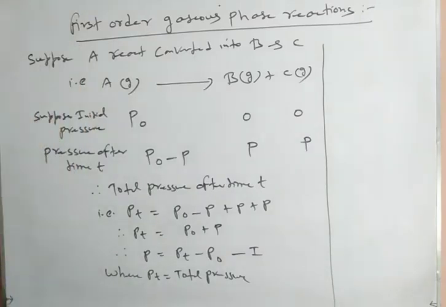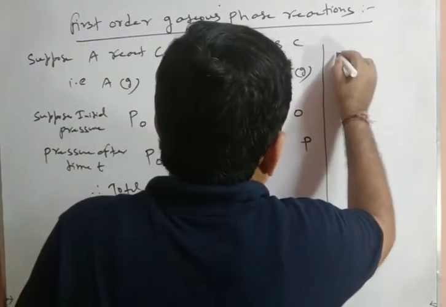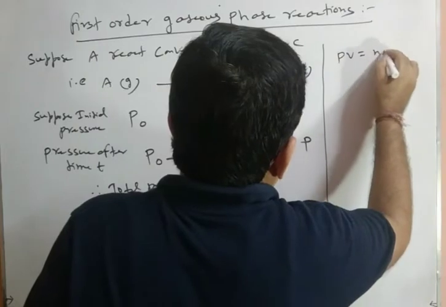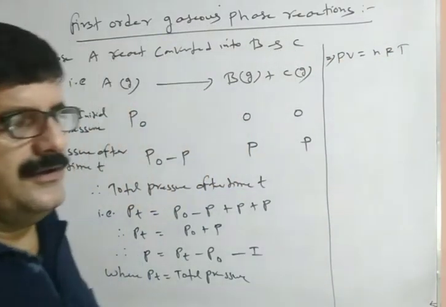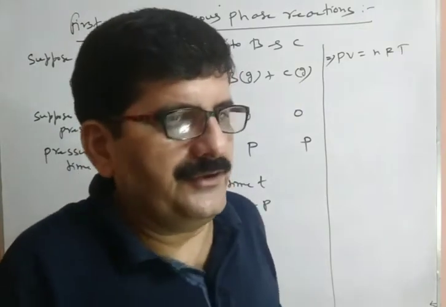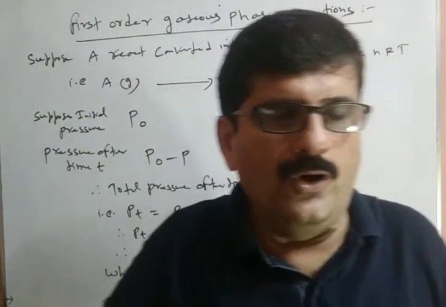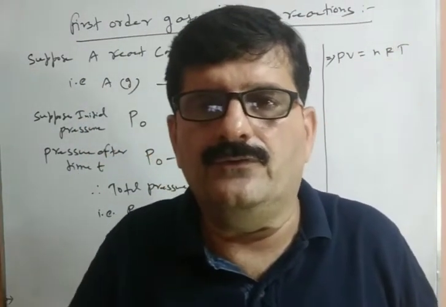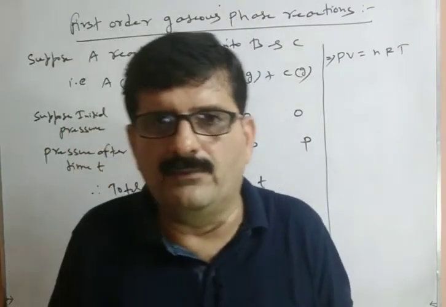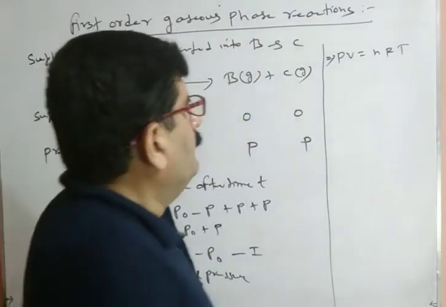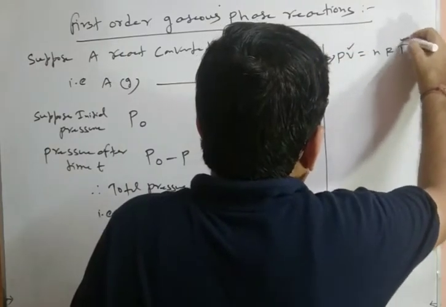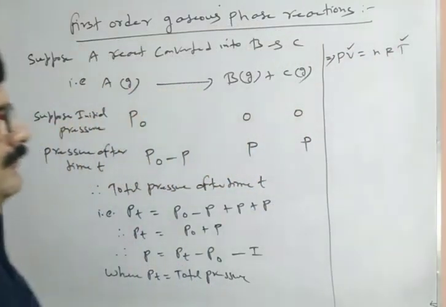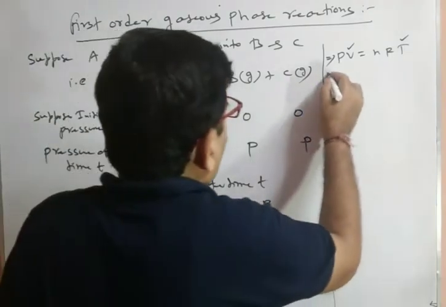We know that PV is equal to nRT. This is our ideal gas equation. If reactants and products all exist in gaseous phase, then the ideal gas equation becomes applicable. If volume and temperature are constant, then we can write what?